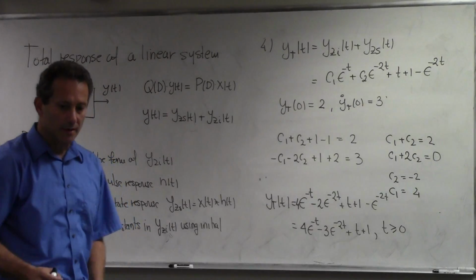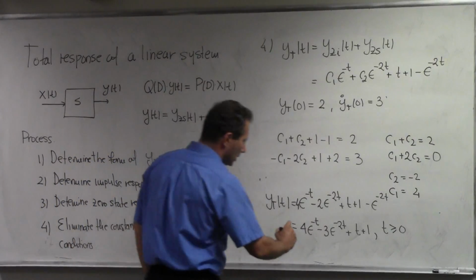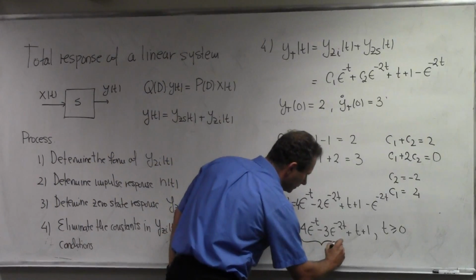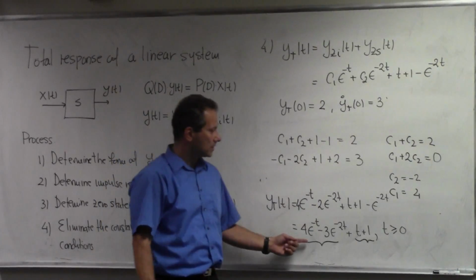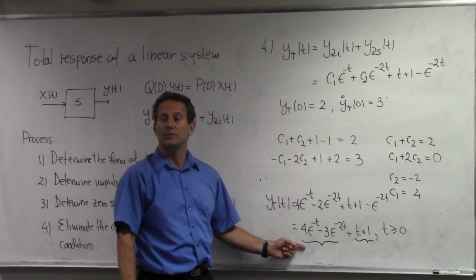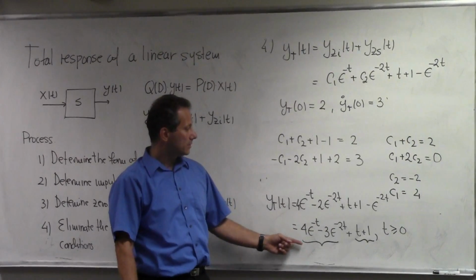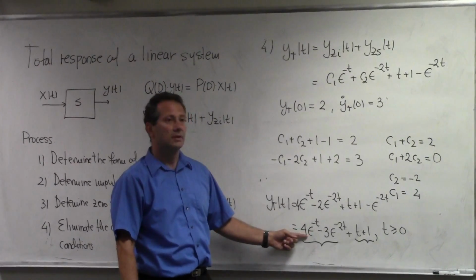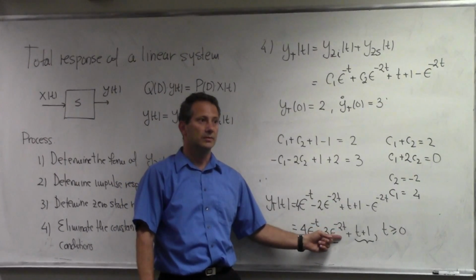Now, what you're going to find out in outputs, it's always this. You're going to have this part, and you're going to have this part. These parts are your transients. They're the ones that consist of the modes of your system, right? The system had two modes, one at e to the minus t and the other one at e to the minus 2t, right?